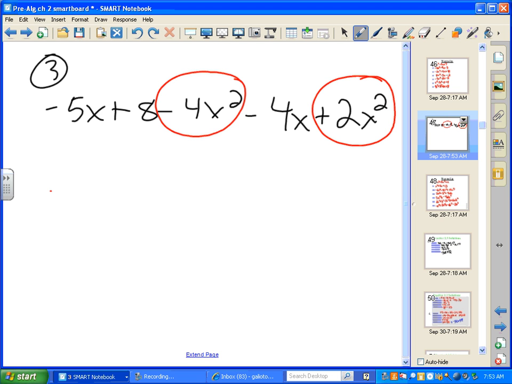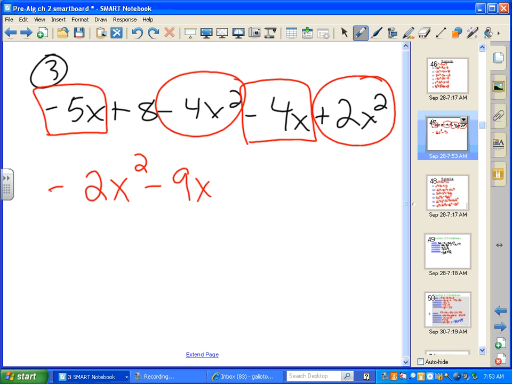So you're subtracting, because there's opposite signs, so negative 2x squared. And then negative 5x and negative 4x are like terms. We get negative 9x, okay? And then drop down the constant because there's not a like term that goes with it, okay? So you probably just made a mistake on the negatives.